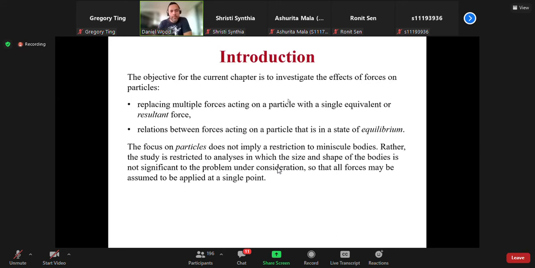The forces on particles does not imply a restriction to a minuscule body. It's not about an infinitesimal body. It's about restricting the analysis to the size and shape of bodies under consideration.